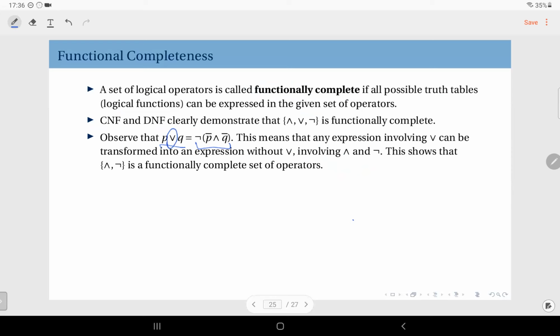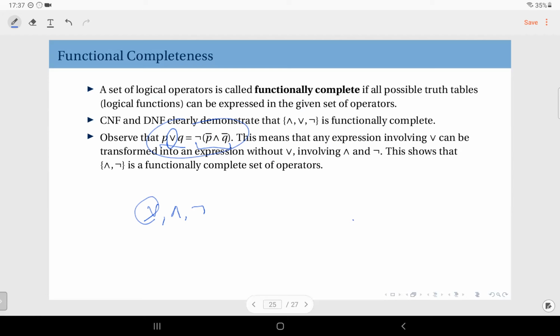Because I can express or in terms of negation and and, whatever I can express using or and negation, any or I have, I can replace it with ands and negations.